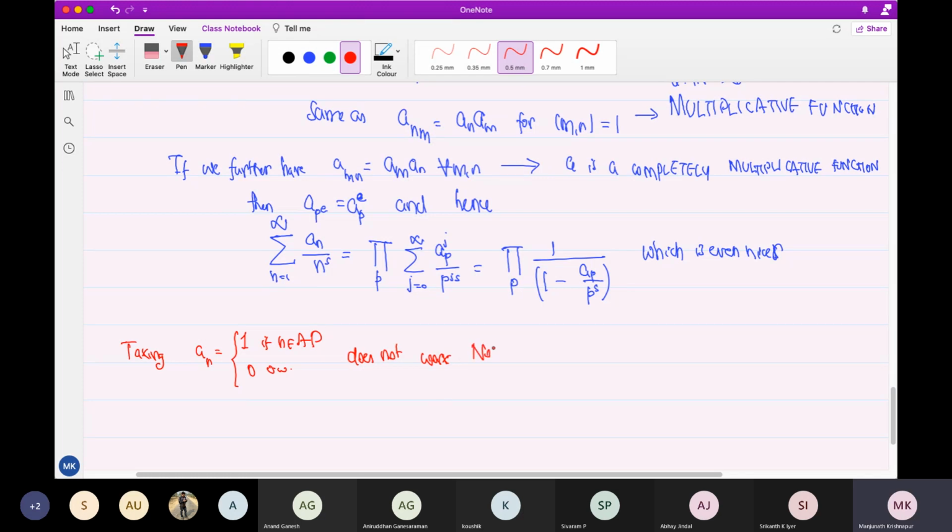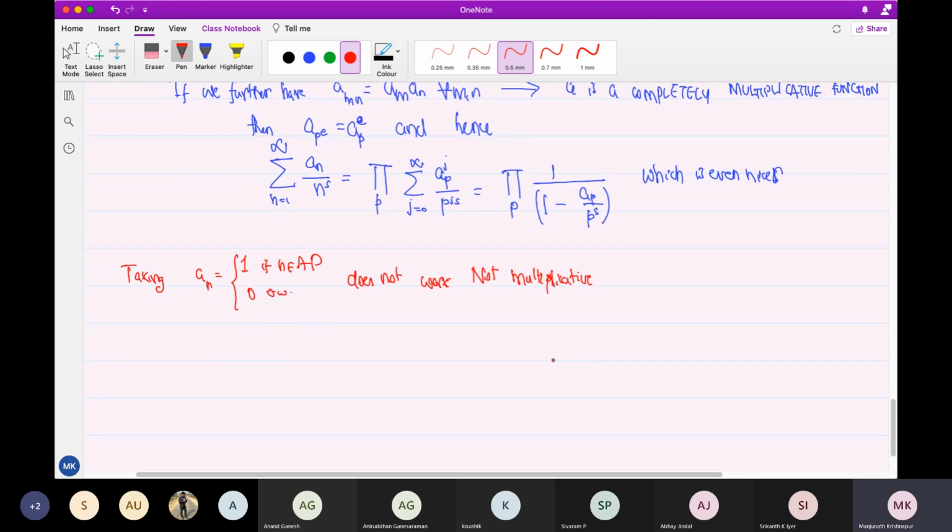It's not multiplicative. Okay, so what is multiplicative? What is an example of multiplicative? In fact, these will be completely multiplicative functions.